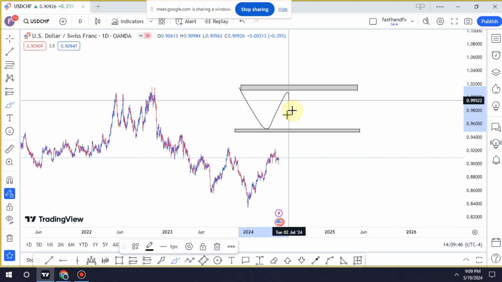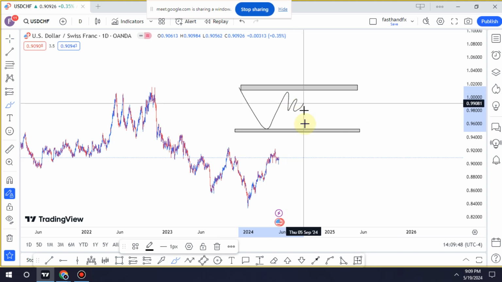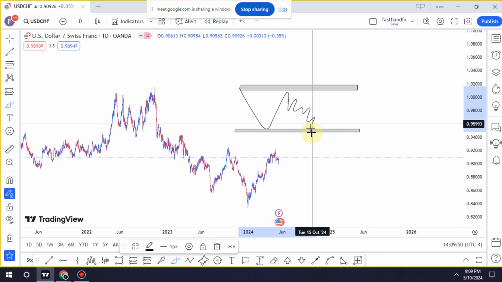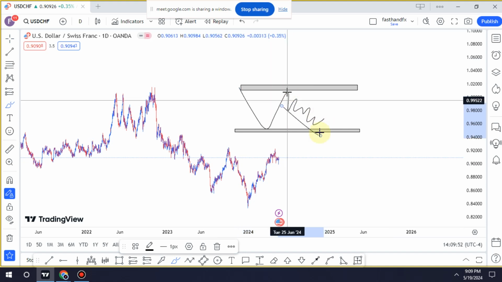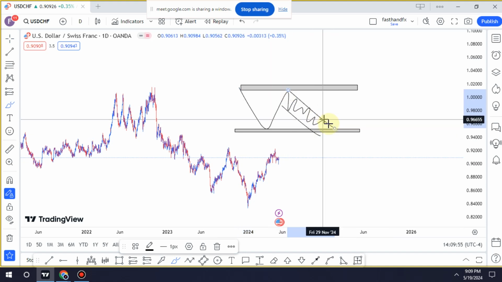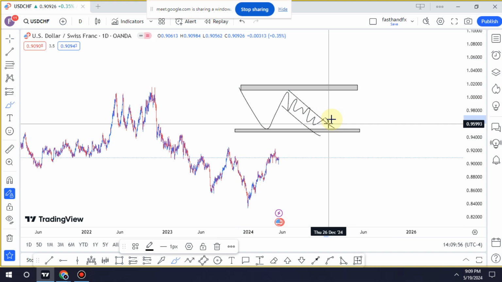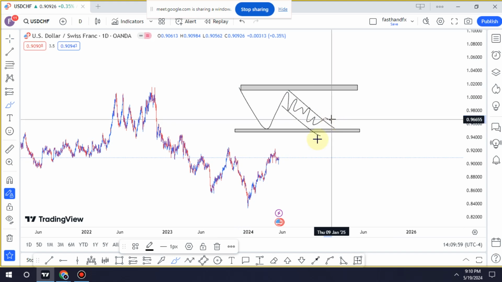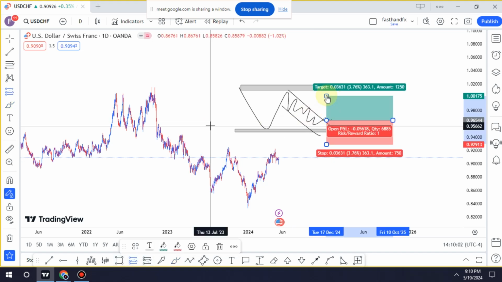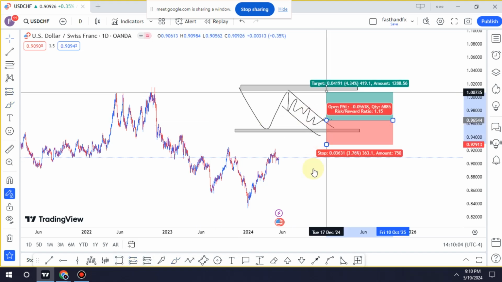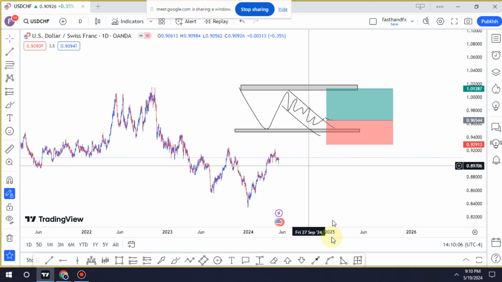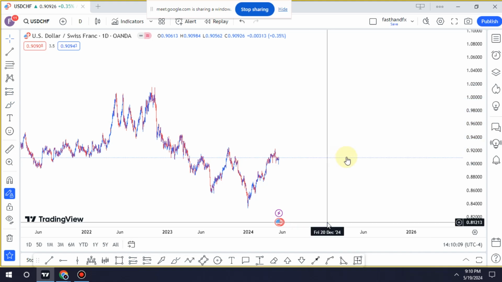Then now you see kind of a bullish continuation pattern. When you see this kind of a play, just anticipate a break. Then that is when, after a retest, you take your position targeting all the way up. That is based on the bullish property.